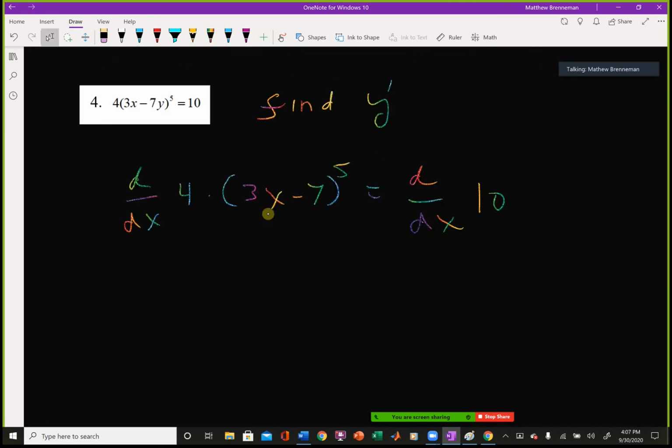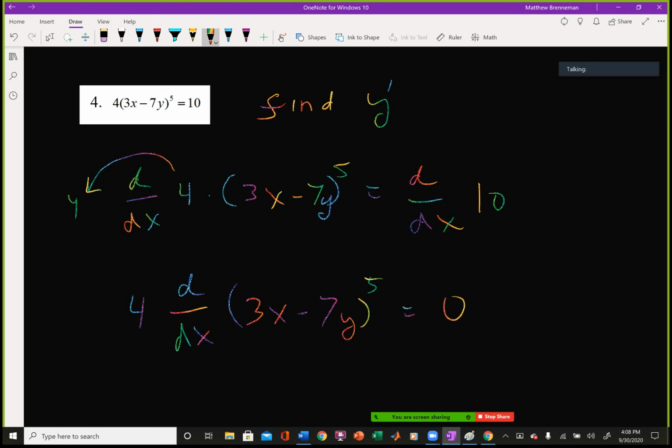So 4 comes out, and that'll go to 0, and I'll be left with 4 times the derivative of 3x. I'm sorry, that's minus 7y, sorry. Dropped my y there. Why? I don't know. There we are.